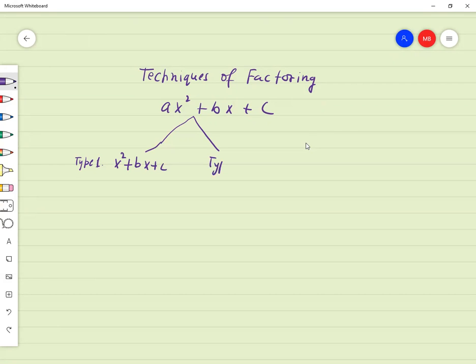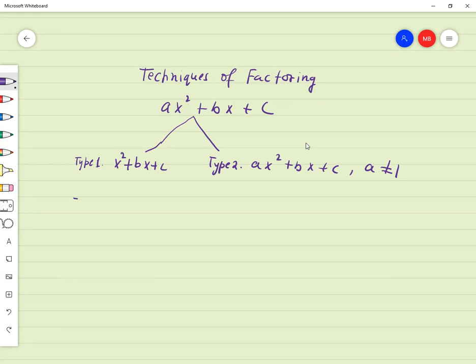And type 2 is ax squared plus bx plus c, where a is not equal to 1. In this video lecture, I'm going to explain how to factor a trinomial of type 1.